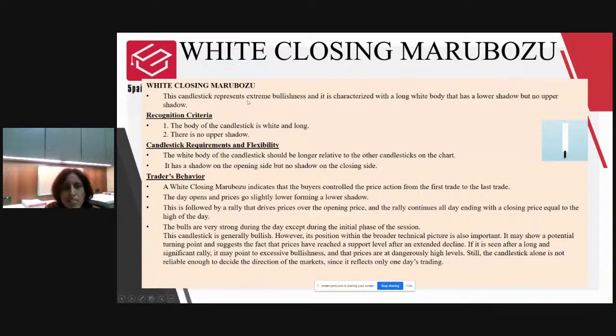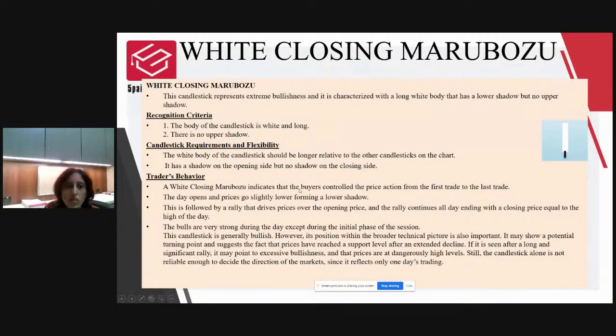The candlestick again represents extreme bullishness and is characterized by a long white body with a lower shadow but no upper shadow. It's the lower shadow which you witness, on the opening side, but no shadow on the closing side.